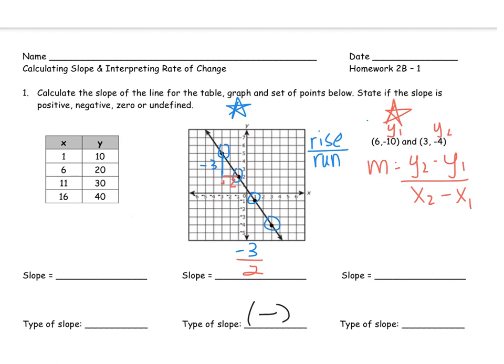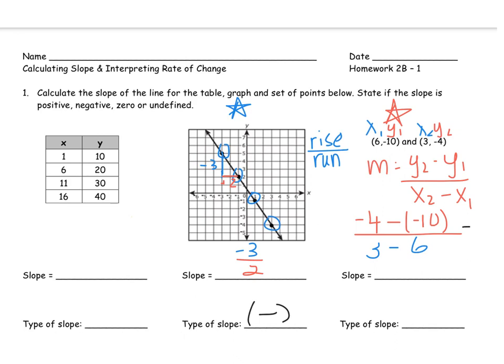This is my x1, my x2. I'm going to plug them in. So here, I'm going to do -4 minus -10. I'm going to divide that by 3 minus 6.